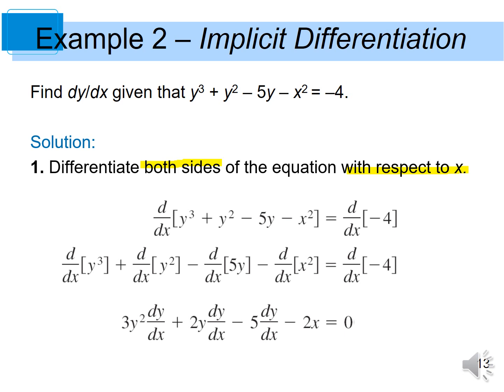When we differentiate the y squared with respect to y, we just use power rule. And same for this one, this one is a constant multiple rule. So differentiate 5y with respect to y times dy dx. So we have negative 5 dy dx because the negative is from here. And when we differentiate a constant, we will have 0.